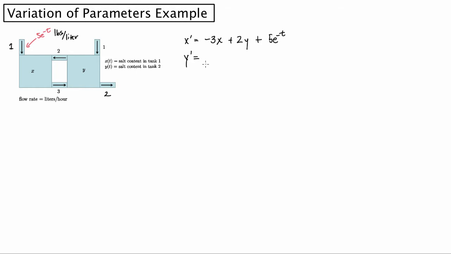Similarly, the change in the salt content for tank 2, for Y, is it's going to be gaining 3 from X coming in through here. It's also gaining 1 through the outside, but what I didn't tell you is that this is pure water coming in from the outside.